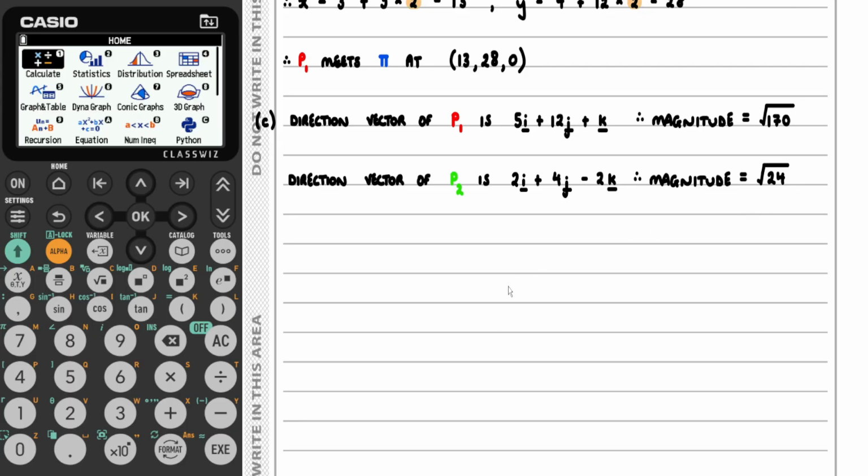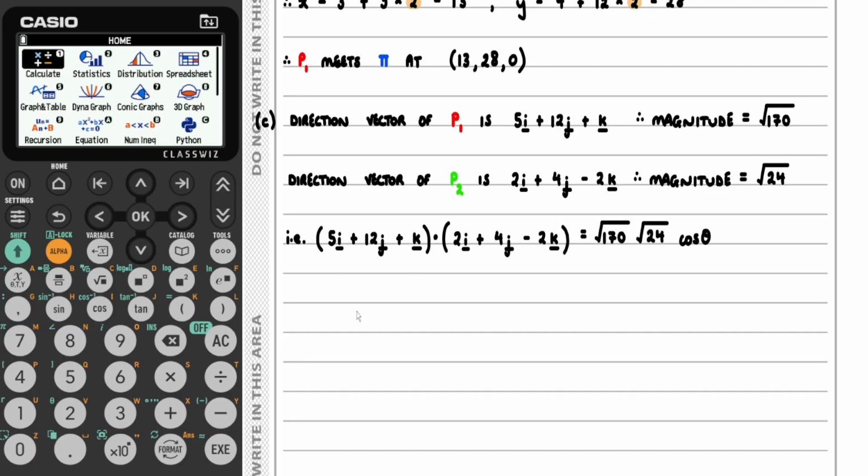We can find out the angle between them by using r1 dot r2 equals magnitude of r1 times magnitude of r2 times cos theta. So we've got 5i plus 12j plus k dot 2i plus 4j subtract 2k equals square root 170 times square root 24 times cos theta.